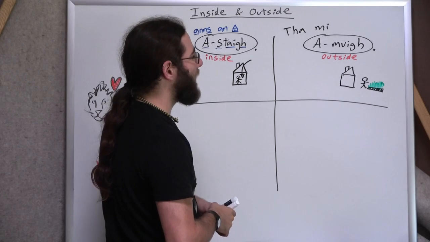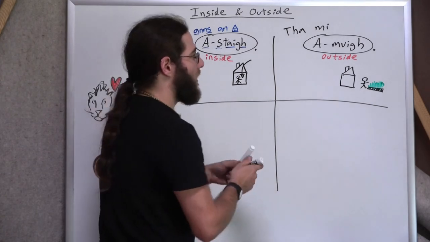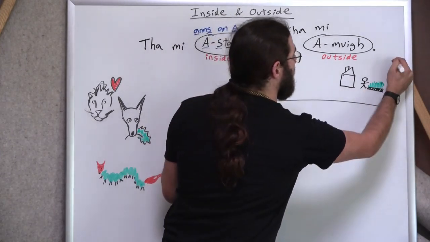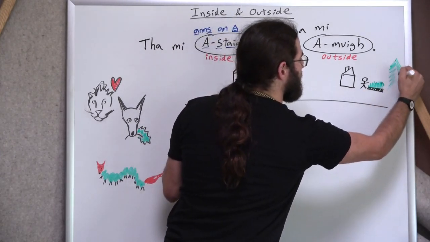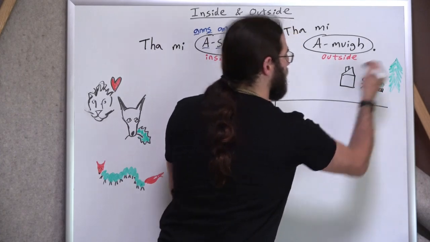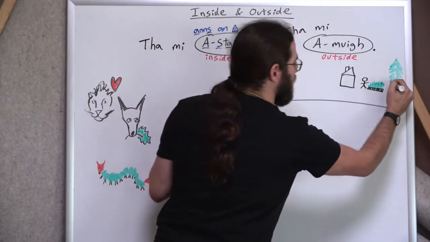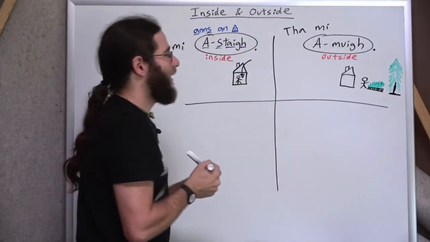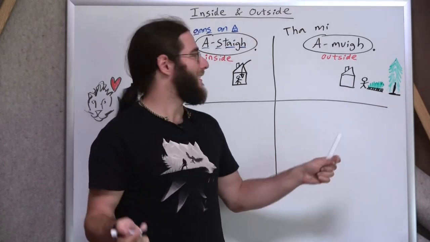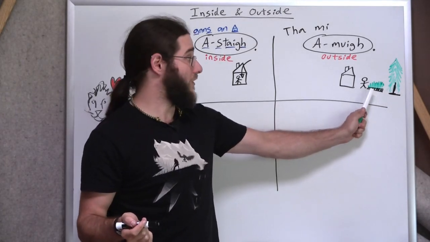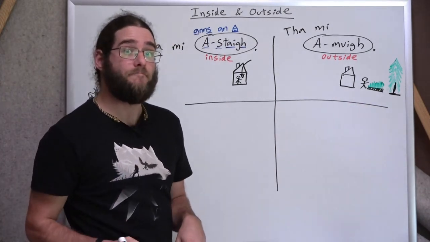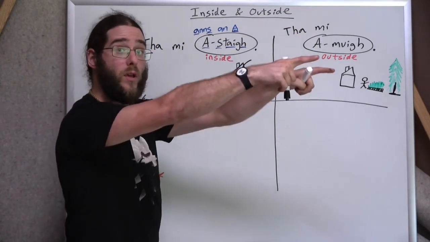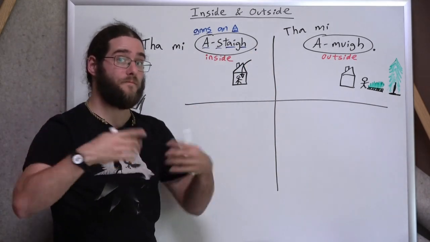So we have some plants out here. Oh, since it's Maine, we gotta have our pine tree. Ha mi amui. I'm outside with the garden and with the tree. Ha mi amui. Ha mi astay.